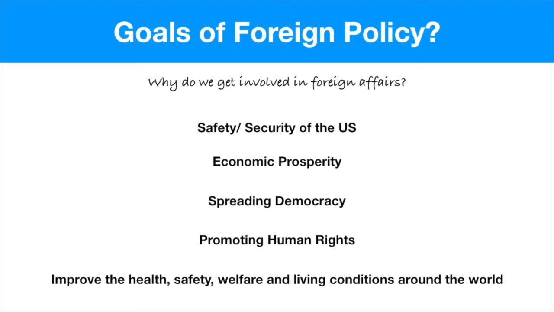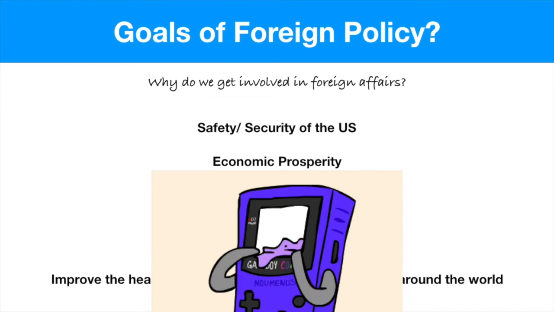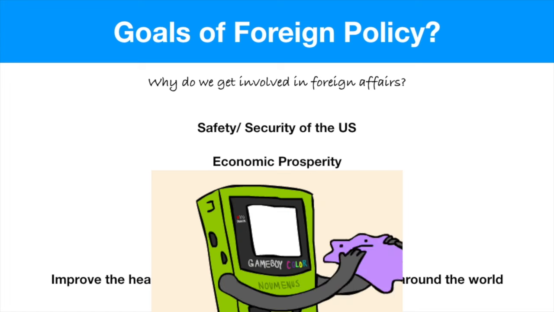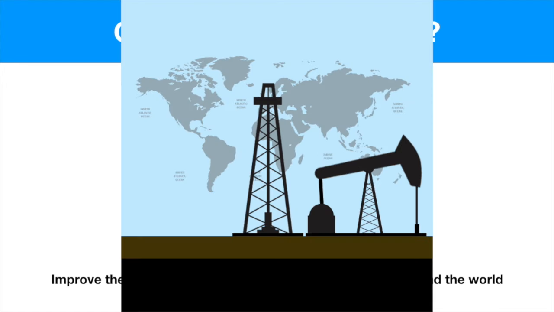Now, in a close second, that you can write down in your notes, is the other goal of foreign policy that's most likely used: economic prosperity. If we can start a trade or a negotiation with another country that benefits the people, it reduces the prices of a common good we might buy, say oil, which we don't produce here in the United States, or we don't produce very much of.